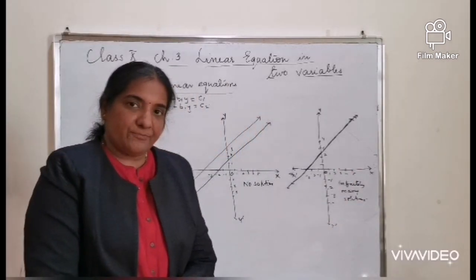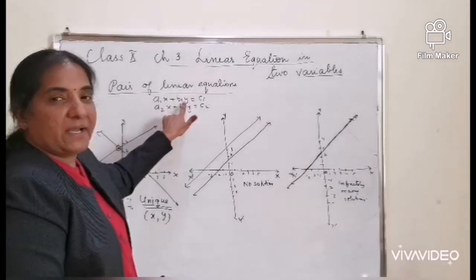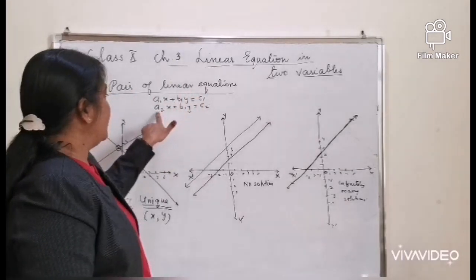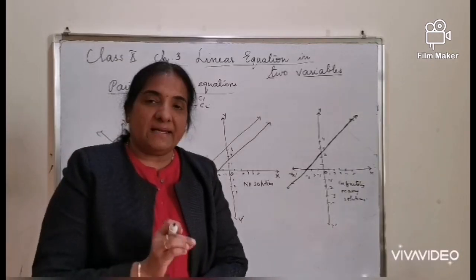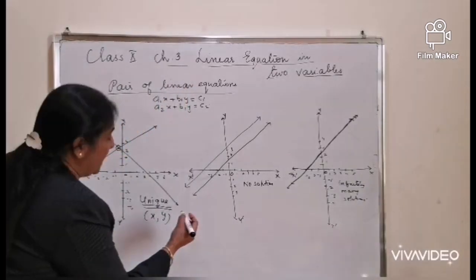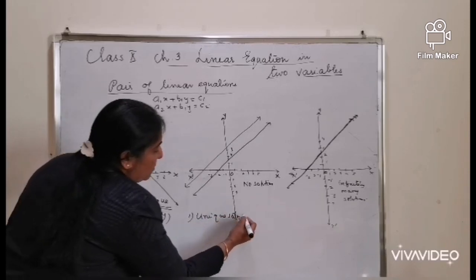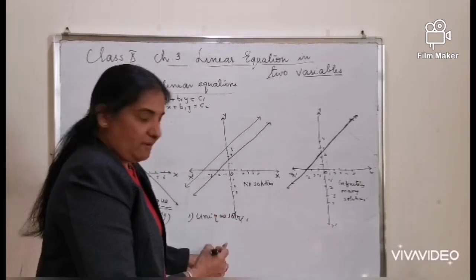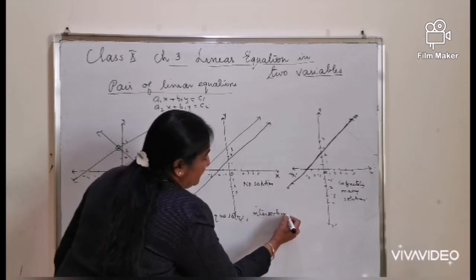So in brief, a pair of linear equations a1x plus b1y equal to c1 and a2x plus b2y equal to c2 can have a unique solution, or one solution, if the lines are intersecting.